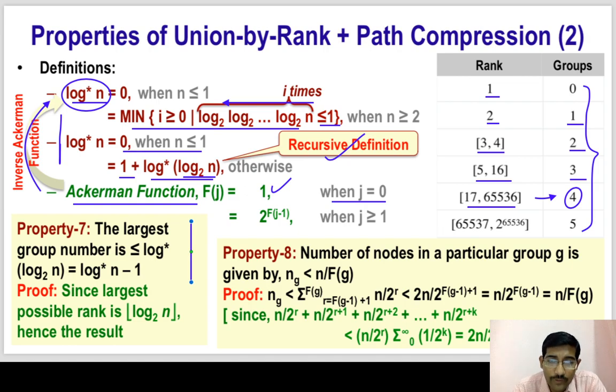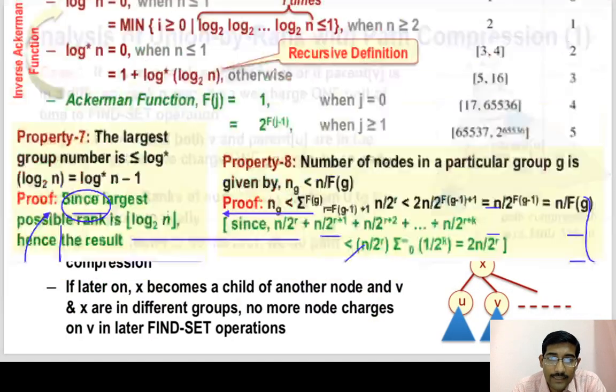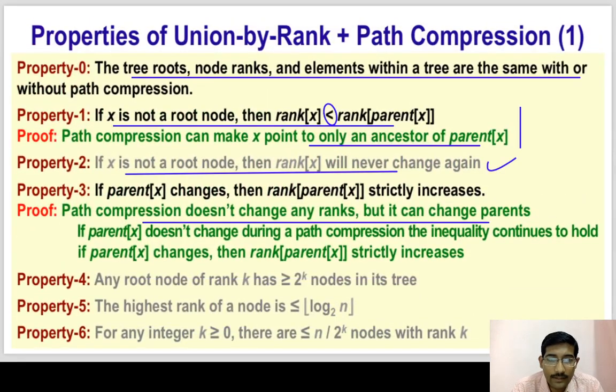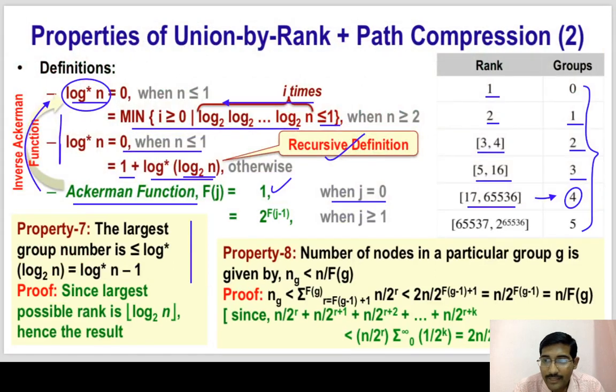Because we have proven that the highest ranked node is bounded by log n. Since the highest ranked node is bounded by log n, the largest group number will be bounded by log star of the highest rank, which is basically log star n minus 1.